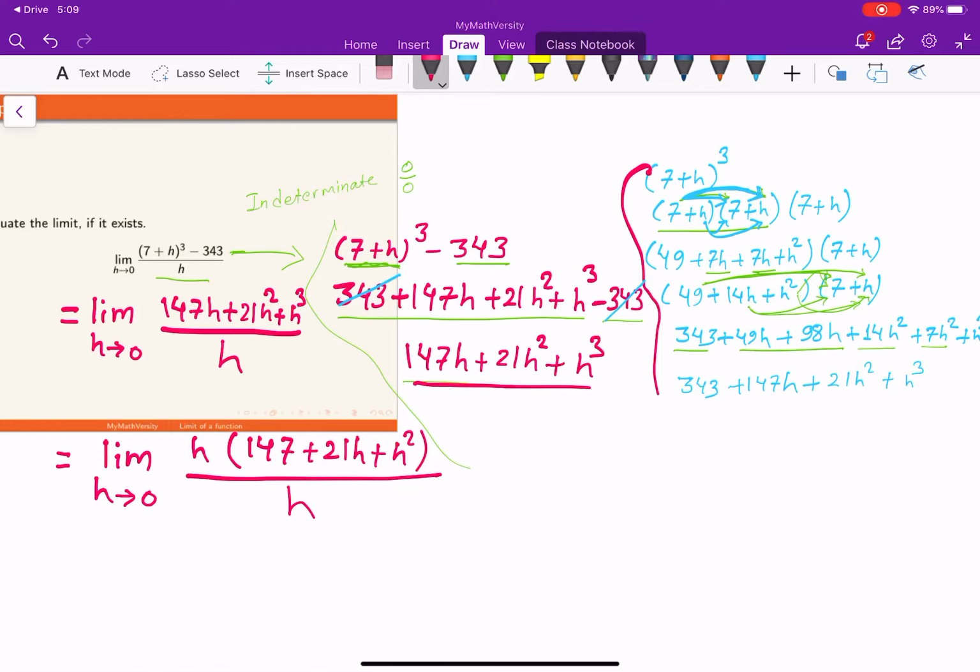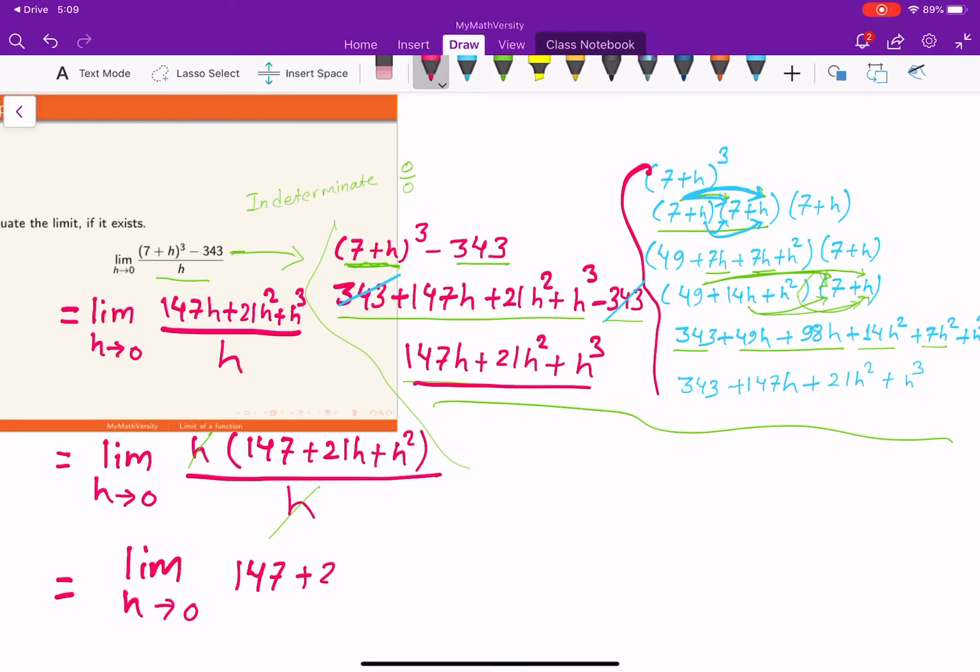So cancel out the 0 common factor, and the denominator was h, and that's why the denominator was 0. I was trying to see if I can get h as a common factor on the numerator. I did all of this work over here, and it turns out that I do have h as a common factor, which I can now cancel out.